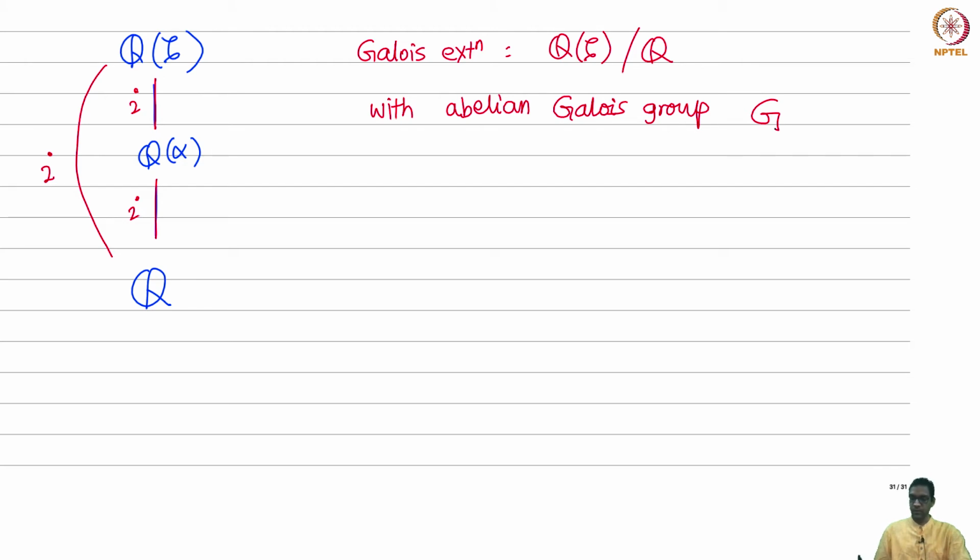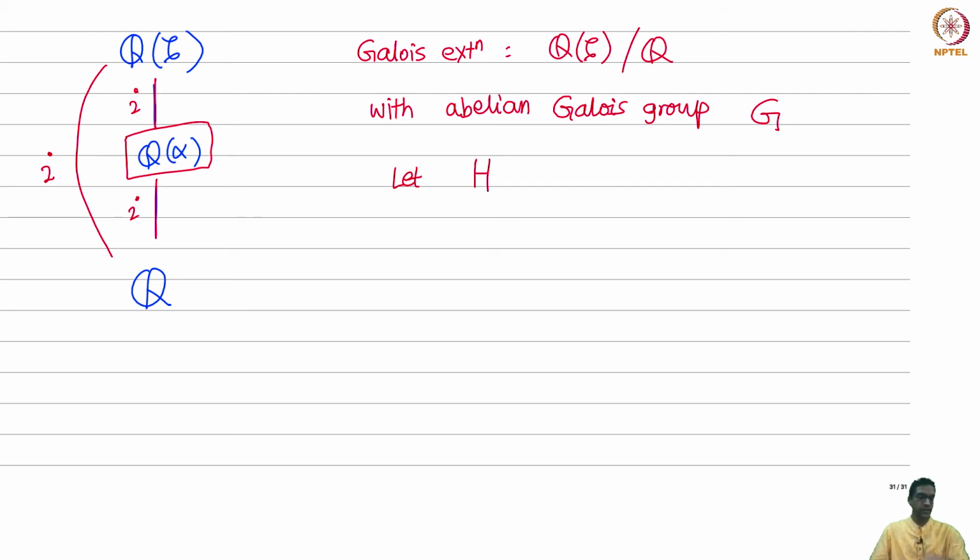Now let's use the fundamental theorem of Galois theory. What does it say? It says that intermediate subfields, for example this one, are in one-to-one correspondence with subgroups of G. So in this case Q alpha is some intermediate subfield, so that will correspond to some subgroup.